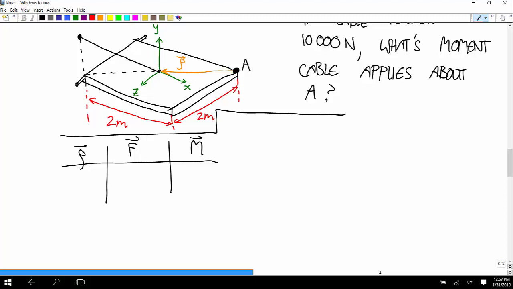Okay, so what are the components of the row vector? We're trying to come up with the components of that orange vector. Just think of taking a trip one by one parallel to these axes. How do you get from A to the center? You have to go 1 meter along the edge. It doesn't matter what order you go, but 1 meter along the edge in the negative x direction.